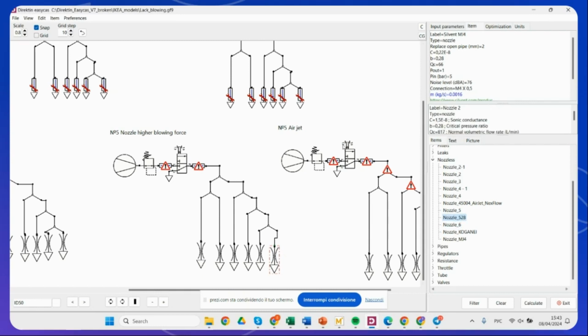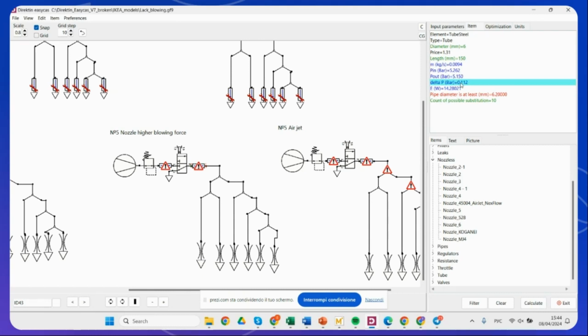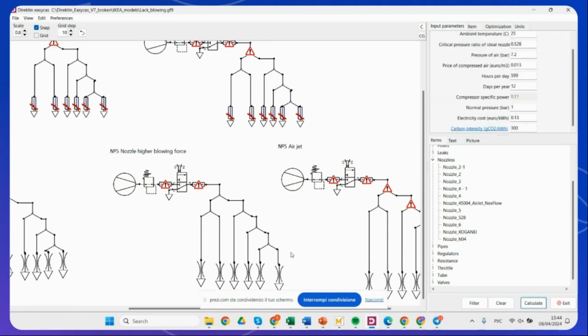So here we have a nozzle with around 1 newton, around 0.8 newtons, and also the pressure drops in the pipe. So again, if we don't change the pipes, the tube diameter, we will have a pressure drop that is unnecessary here. So the idea is this again: we start from the required demand side.